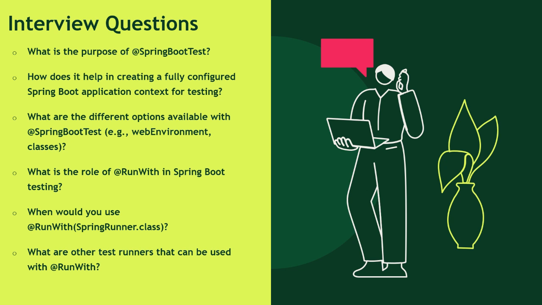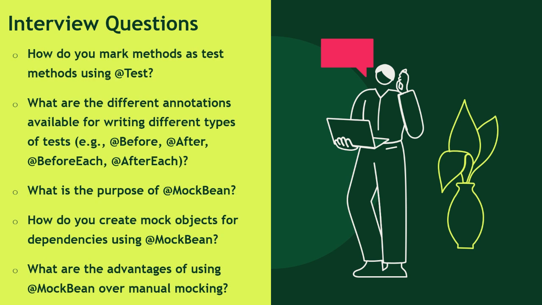There are different web environment class options available in it. What is the role and usage of @RunWith? When would you use it? And what are the other test runners apart from this that we can define? Now, how do you mark a particular method so that the framework is able to identify which method to test?